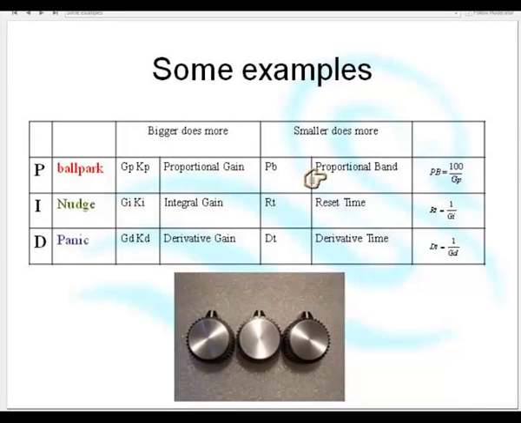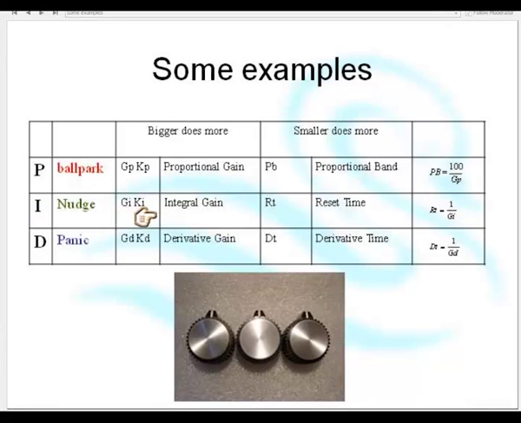If, on the other hand, the P term is called a band, a proportional band, making it smaller makes it more effective. The relationship between the two is this equation here. Proportional band equals 100 divided by proportional gain.